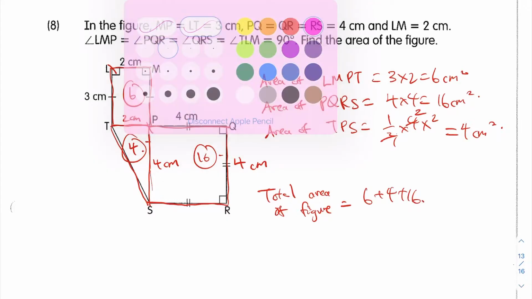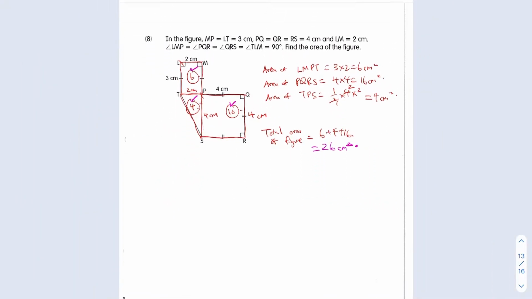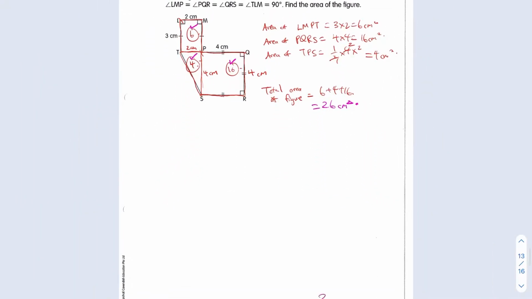You can add them in any order you want. You would get 26 square centimeters. So the area of the figure would be 26 square centimeters.